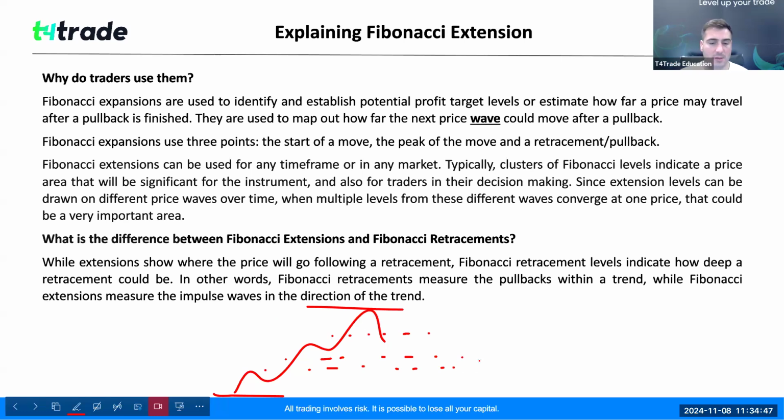So maybe in this scenario, this is the 38.2%. This is the 50%. And this is the 61.8. So this is the Fibonacci retracement tool.